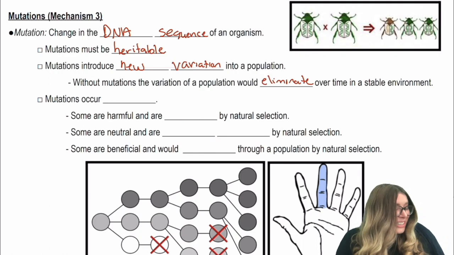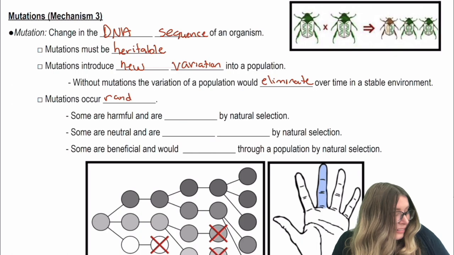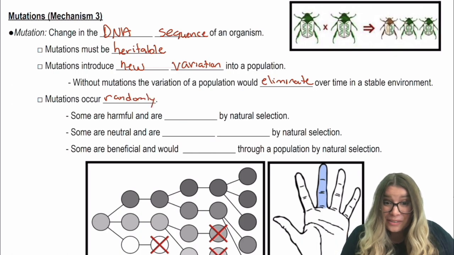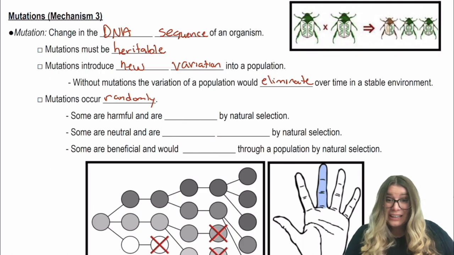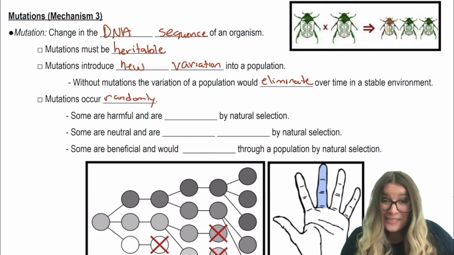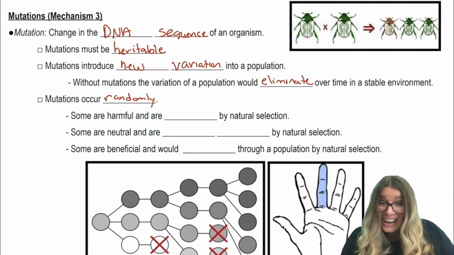Another thing about mutations is that they occur randomly. They are not happening purposefully. Organisms are not thinking to themselves, I need to evolve this new trait so that I can increase my survival and reproduction. Instead, mutations happen randomly.